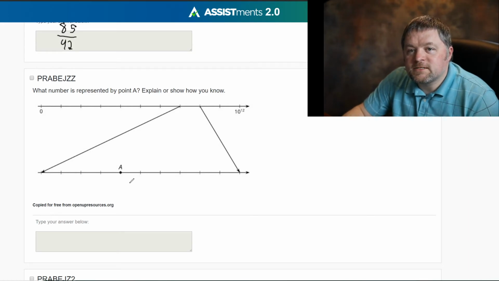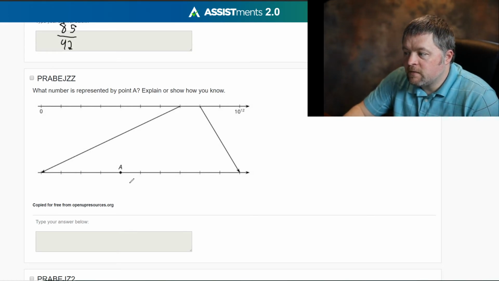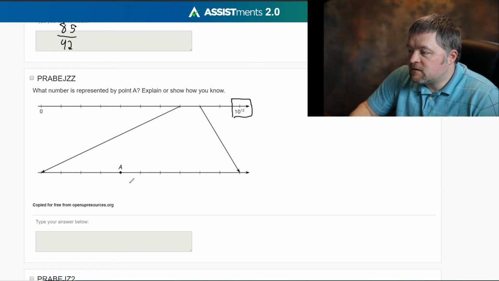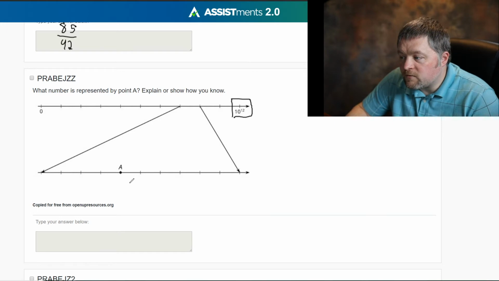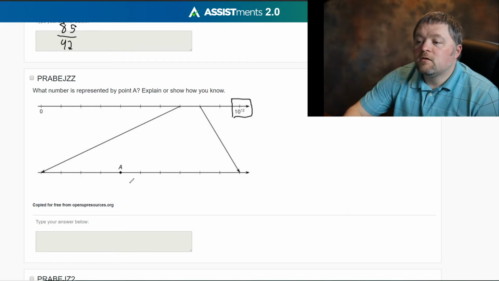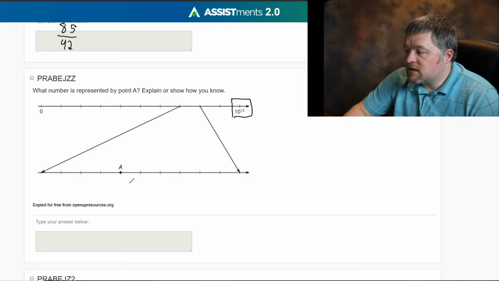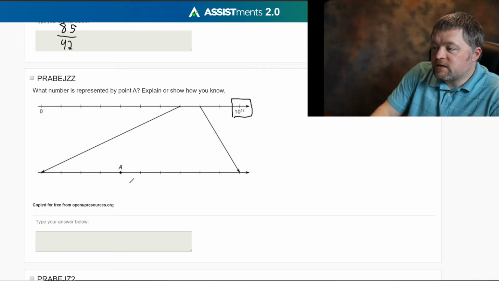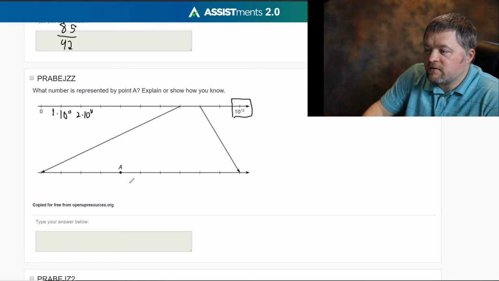What number is represented by point A? Well, because this is times 10 to the power of 12, there are spots in here. It's divided into 10 pieces, which means each one of these will be 1 times 10 to the power of 11, 2 times 10 to the power of 11, 3, 4, 5, 6, 7 times 10 to the power of 11, and 8 times 10 to the power of 11.